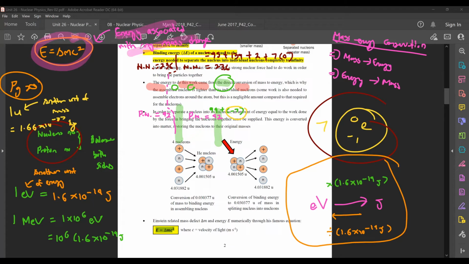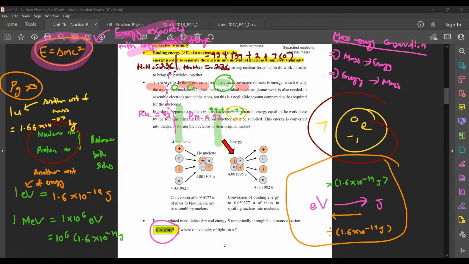Okay, just now when I mentioned this, I told you it's used to find binding energy, right? That is correct. It's actually one of the uses of this equation. Specifically, this equation is used whenever you want to find out energy that is associated with any mass change.